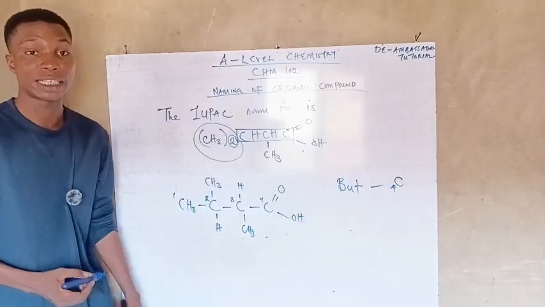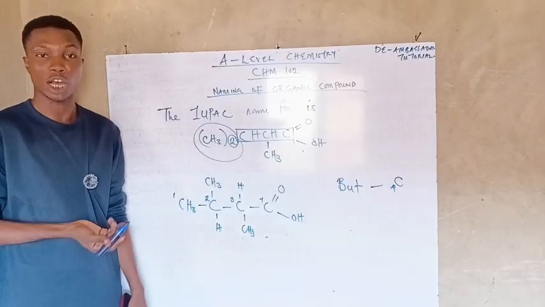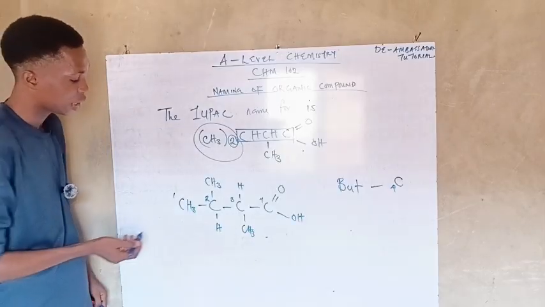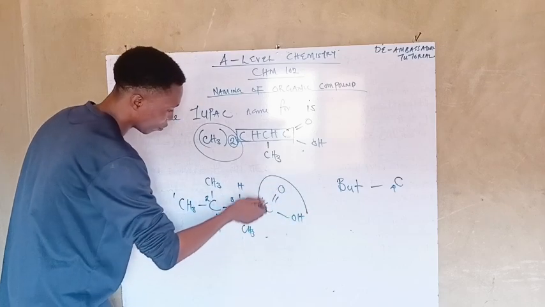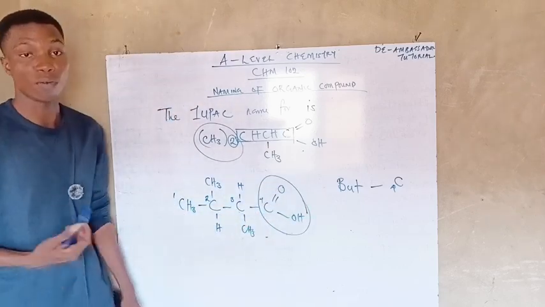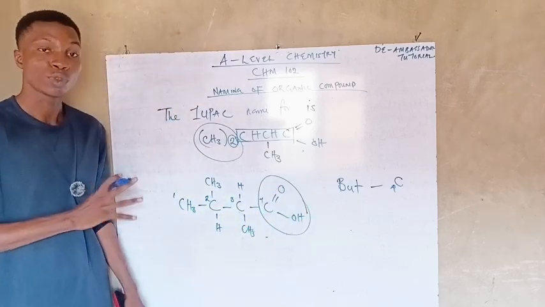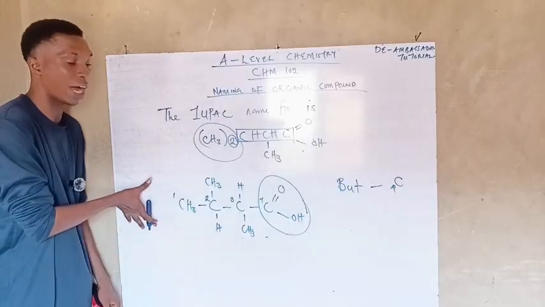And the next thing to get is to find the functional group. Where do we have the functional group? It's at this area we have the functional group. How do I know? Functional groups are either atoms or bonds attached to an organic compound.